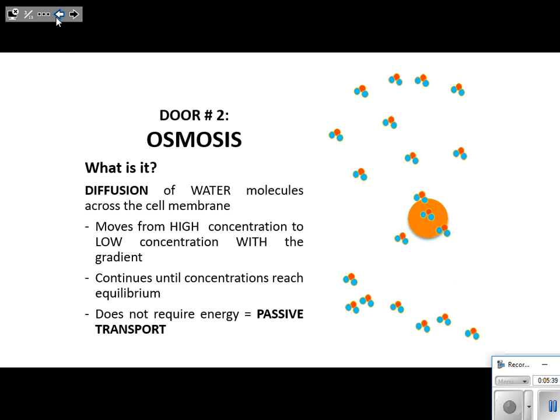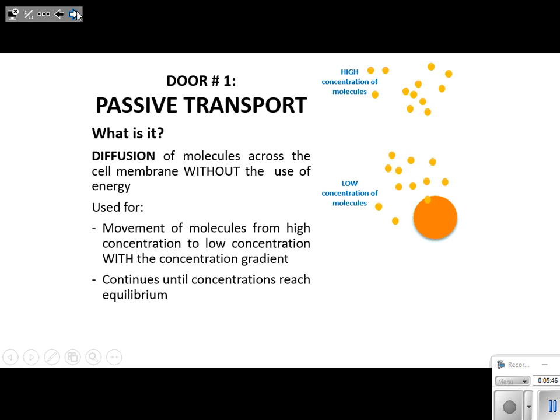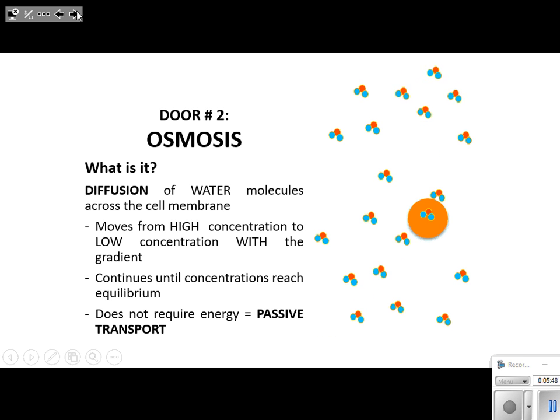What is this osmosis? It is the diffusion of water. So it's a specific type of diffusion. It's the diffusion dealing with water.